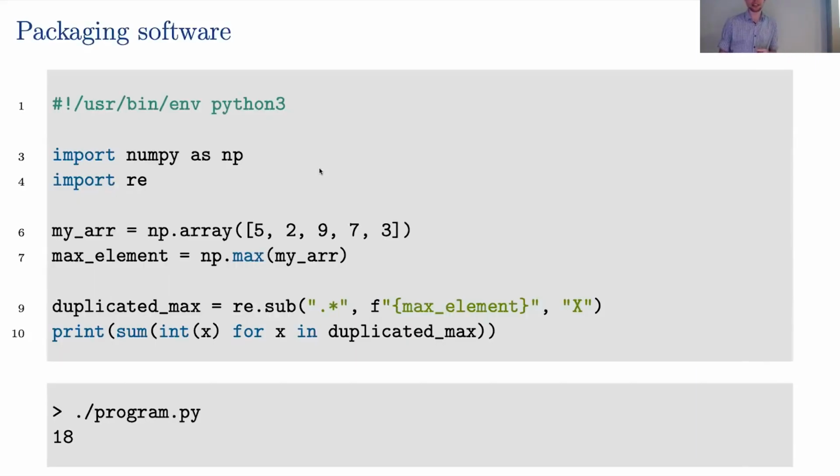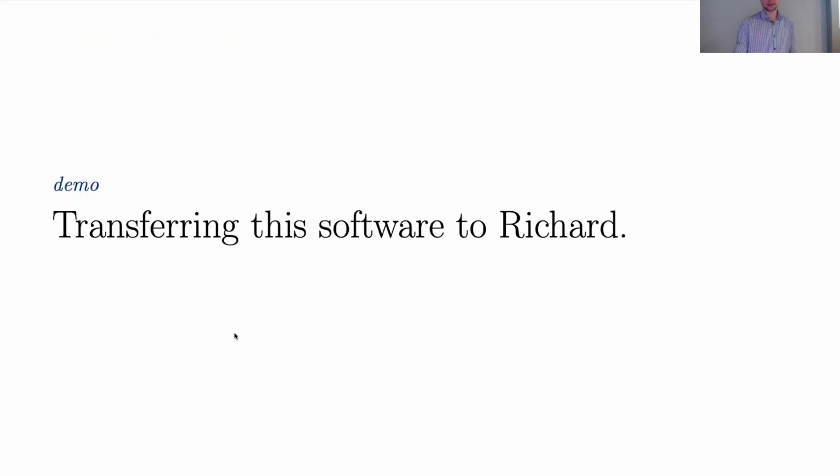So we've got a little Python program here, and this Python program is going to calculate the maximum element of this array here, 52973. And then this, you're going to have to trust me, is going to double the maximum. It's going to double the maximum element in the array. Okay. And what I want to do is I want to take this software and I want to give it to Richard.